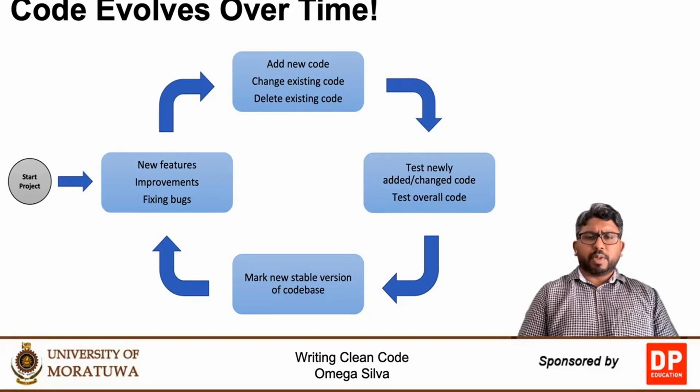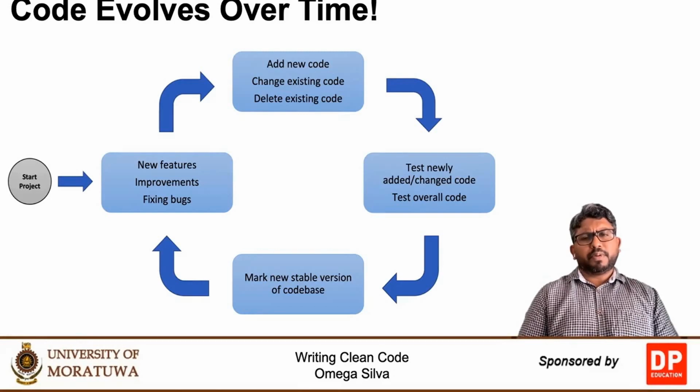Once you're done implementing, you test your code to make sure that it works as expected. If it does, you consider this a stable piece of code, and you mark it as a stable version using version control. You may use something like Git for doing that.